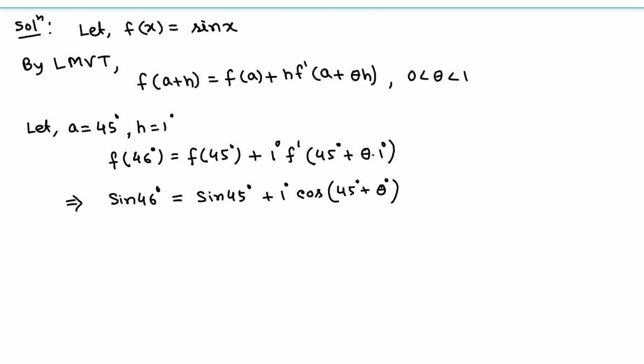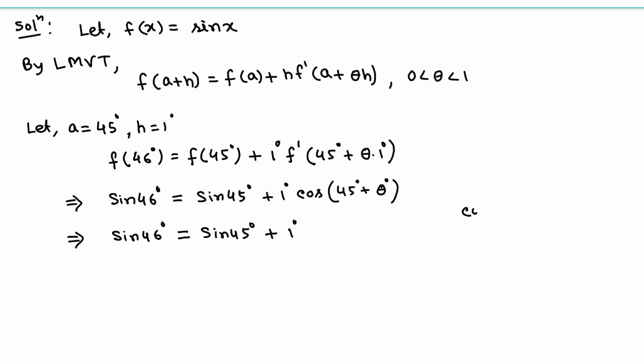Now this implies sin 46 degree equals sin 45 degree plus 1 degree into cos of 45 plus theta, and theta is a very small number, 0 less than theta less than 1.